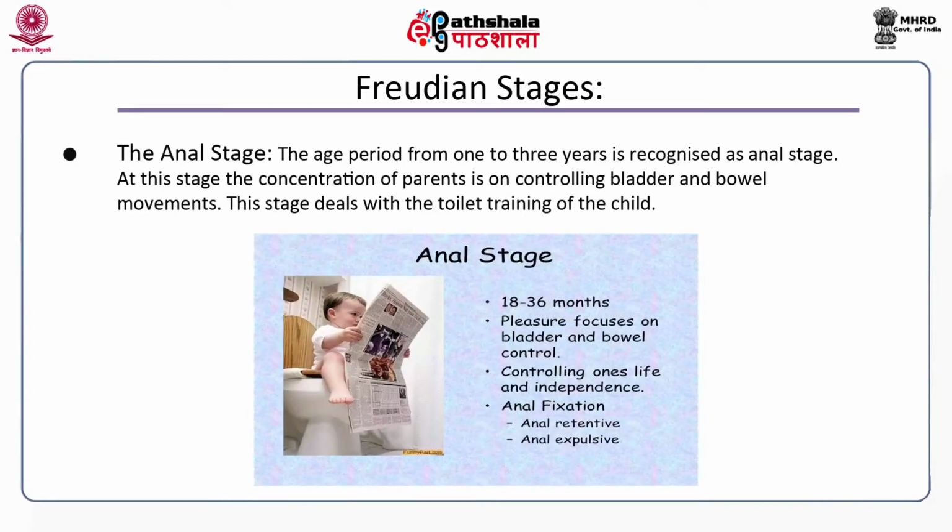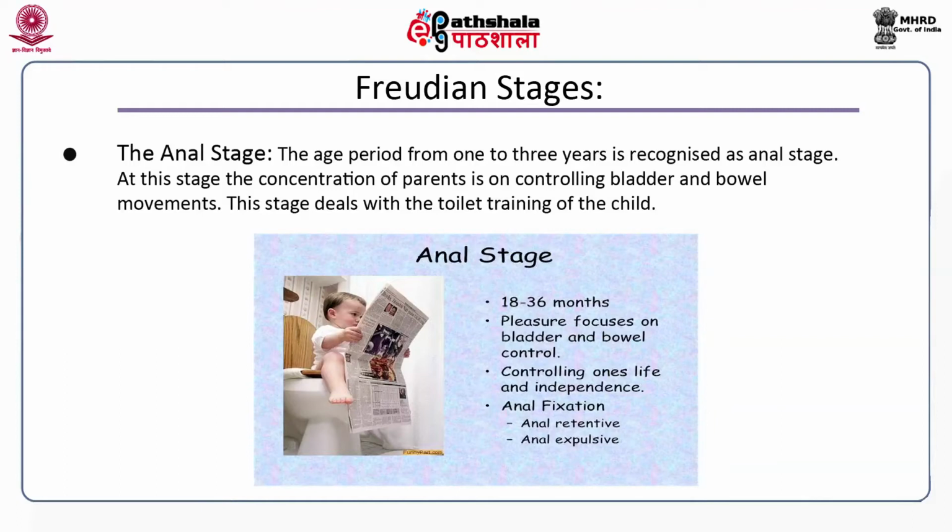Number 2, the anal stage. The age period from 1 to 3 years is recognized as the anal stage. At this stage, the concentration of parents is on controlling bladder and bowel movements. This stage deals with the toilet training of the child. If the nature of training given by the parents is harsh and repressive, this may result in an anal retentive personality, which is characterized by orderliness, punctuality, being stringent, rigid, and obsessive.